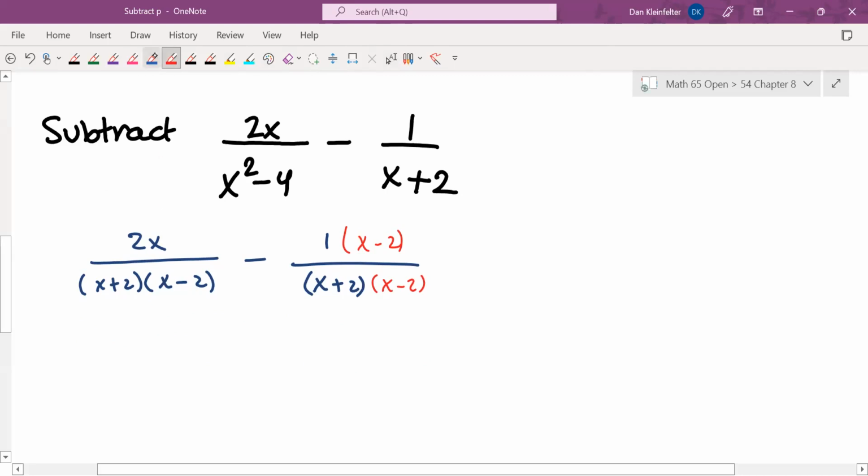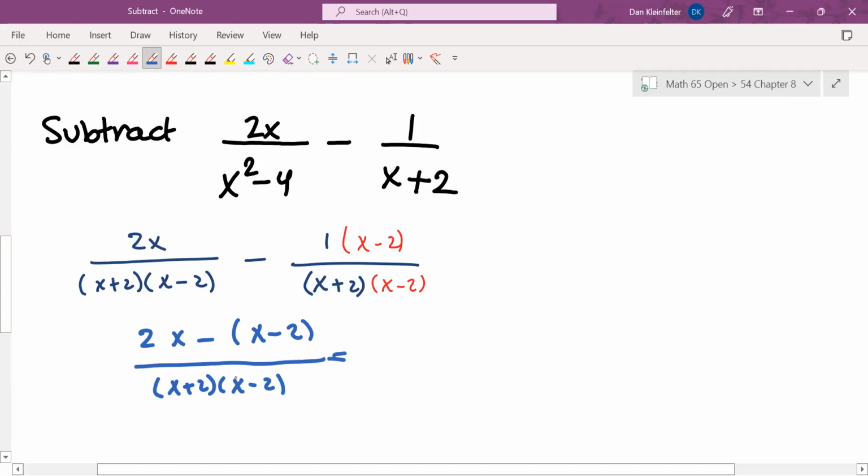Okay, so now to clean this up, we'll have 2x minus, and then in parentheses, x minus 2. And then I'll do more with that in a minute. Down below, we have x plus 2 times x minus 2. Okay, up top, we'll have 2x minus an x is a single x, and then actually plus 2. So that's pretty interesting.